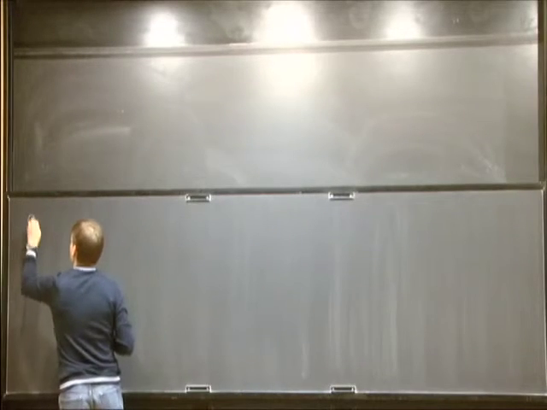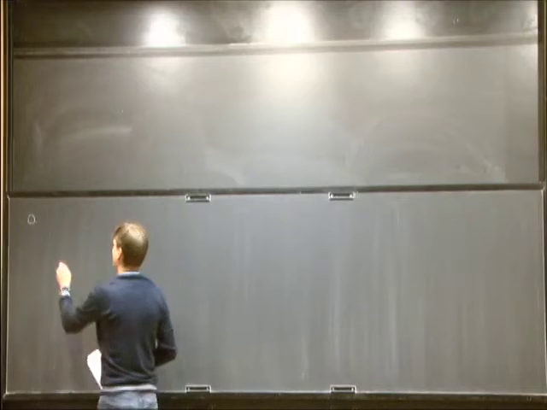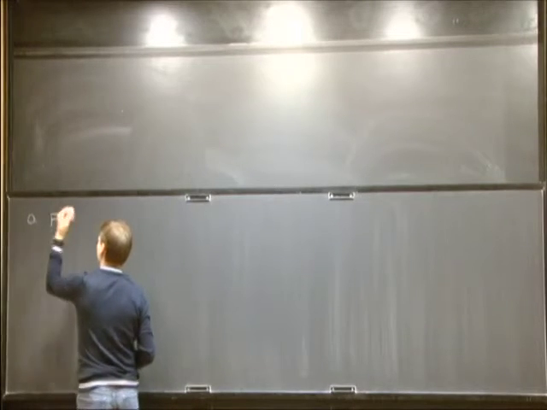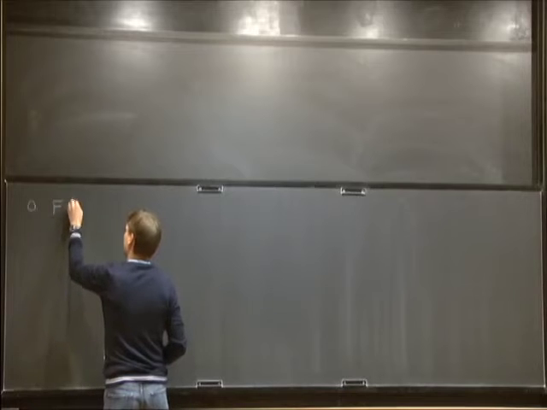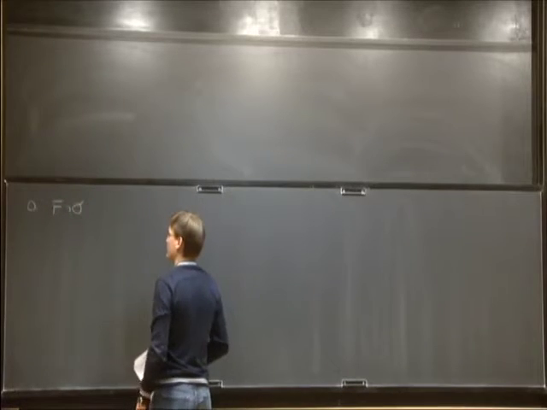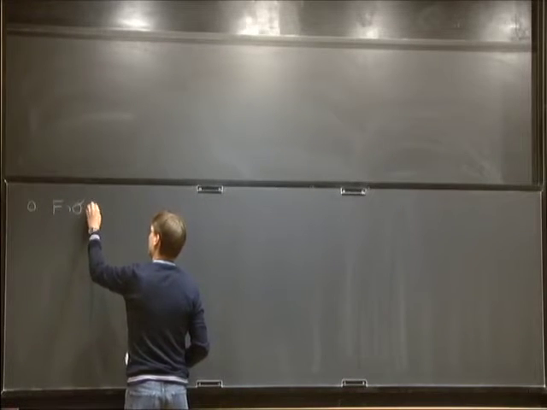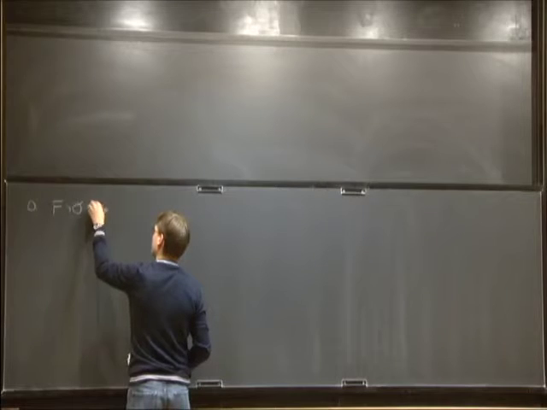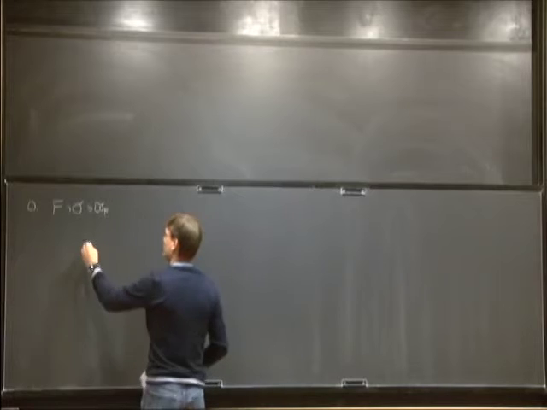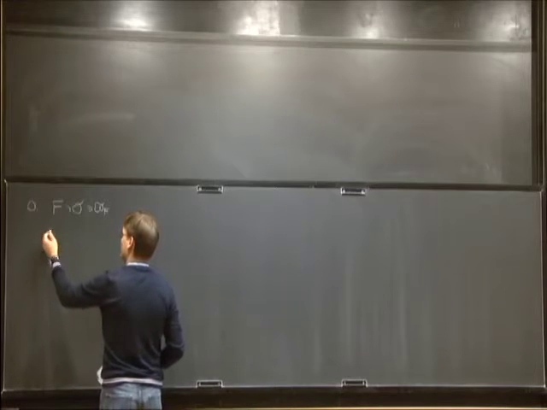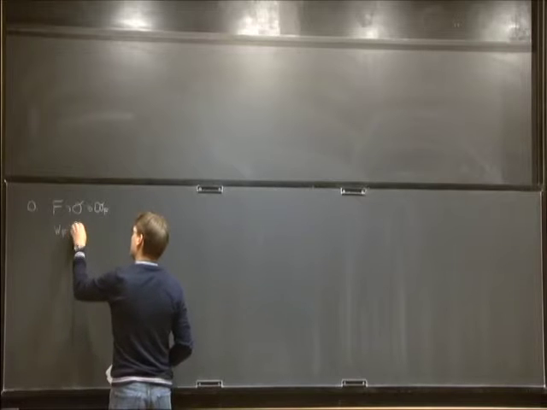Throughout this talk, F will be a p-adic field, or if you like, a local function field. It will contain its ring of integers and a uniformizer. We'll be considering the Weil group, which will be denoted this way.